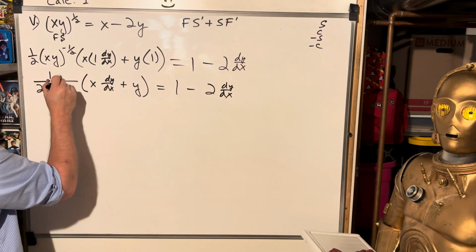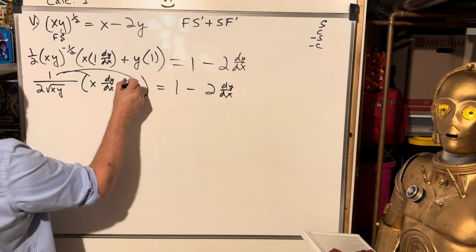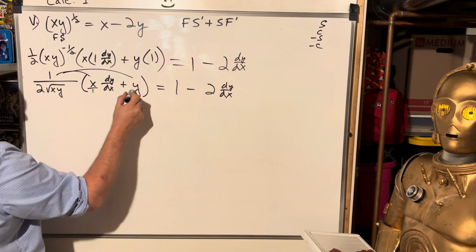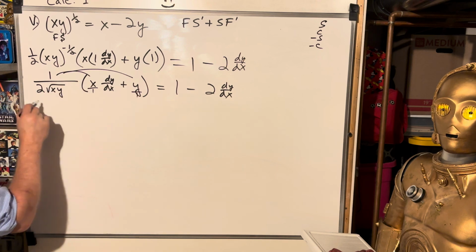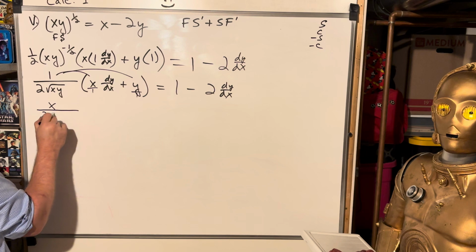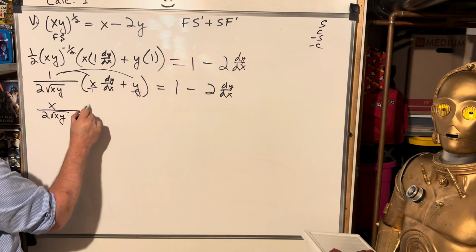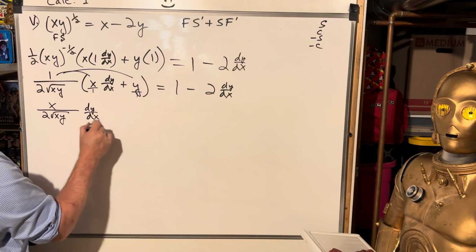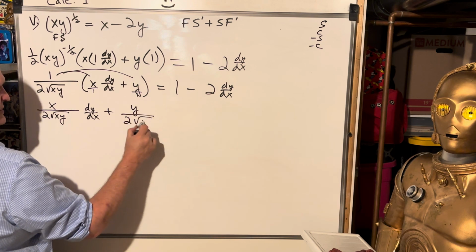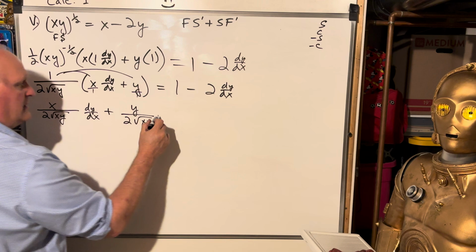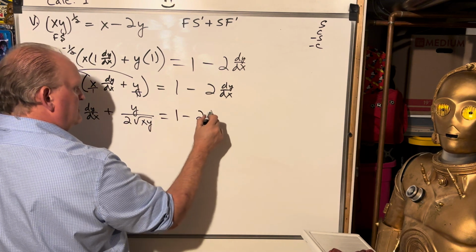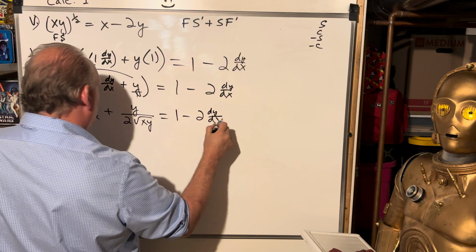Lovely. So now we're going to do the distributive property. So this is kind of like over 1, right? So we've got x over 2 square roots of x, y, dy dx, plus y over 2 square roots of x, y. And that equals still 1 minus 2 dy dx.